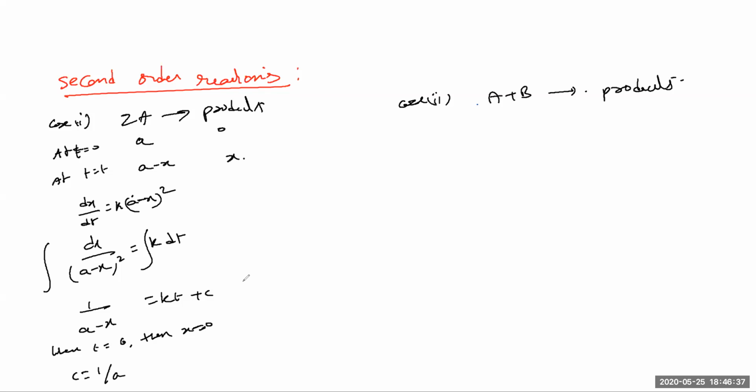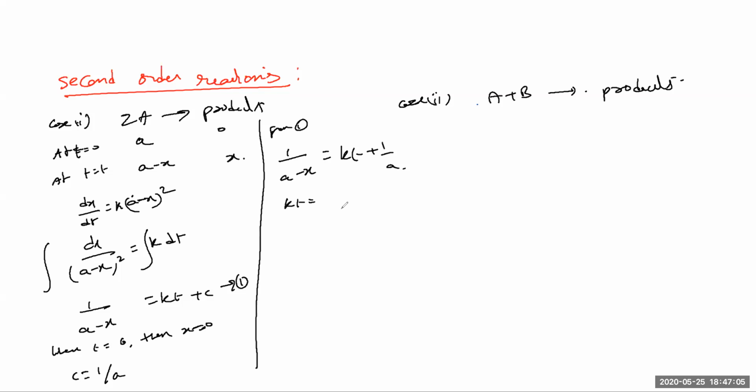Call this equation 1. Now substitute from equation 1: 1 by a minus x is equal to kt plus 1 by a. Bring this to this side. That is, kt is equal to 1 by a minus x minus 1 by a.